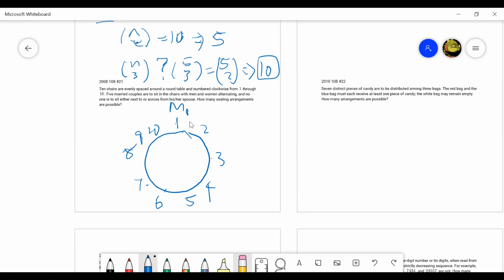And so now we can either place his spouse, or we can place another man. Essentially, we should be placing another man, because that one has fewer constraints, which means you don't have to worry about more cases. With that logic, you can go ahead and place all the rest of the men in their seats.